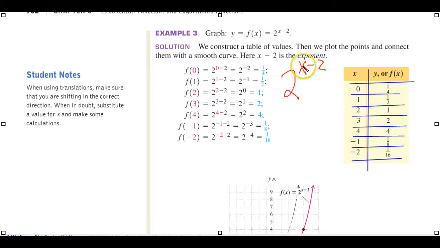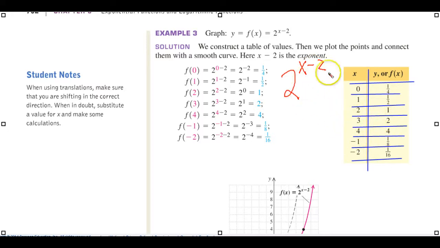If x is 2, 2 minus 2 is 0, and 2 to the 0 power is 1. And then if x is 3, then this becomes 2 to the 1, which is 2, and then 4.